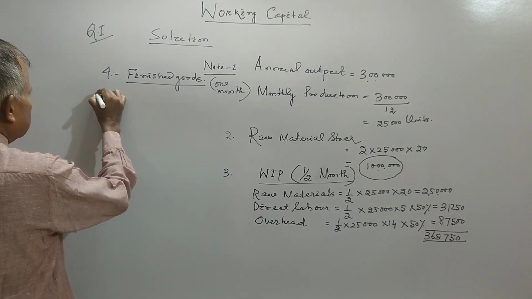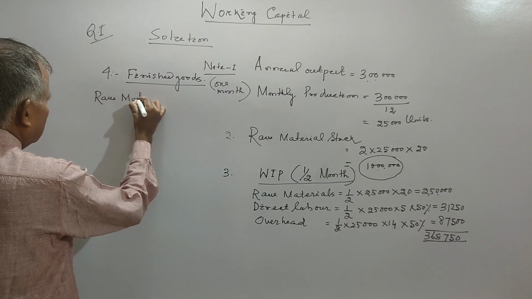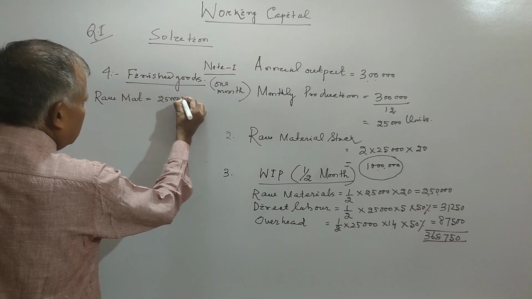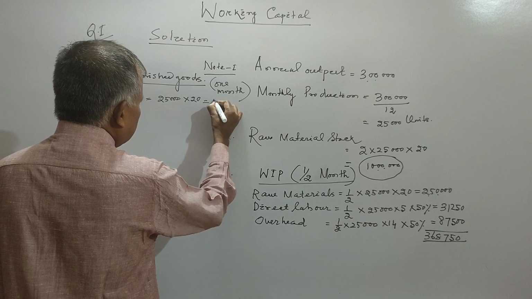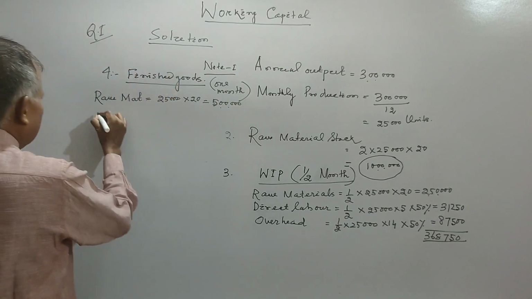In case of finished goods, raw materials, we have to take 25,000 into 20, that will be 5 lakh. This is your raw material.